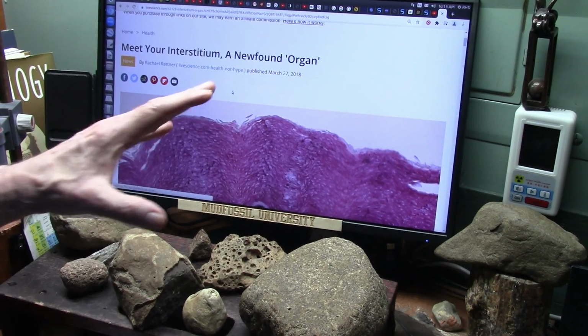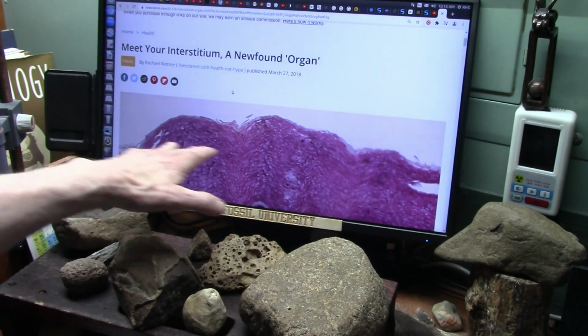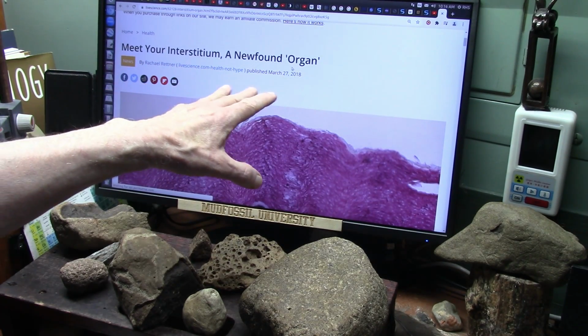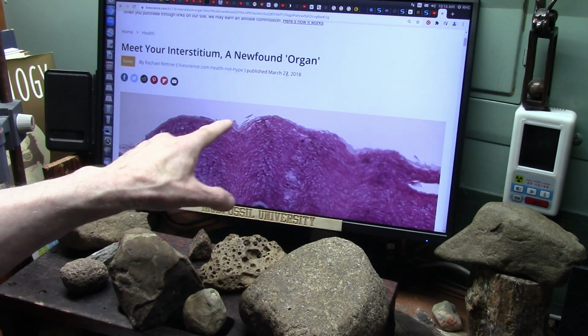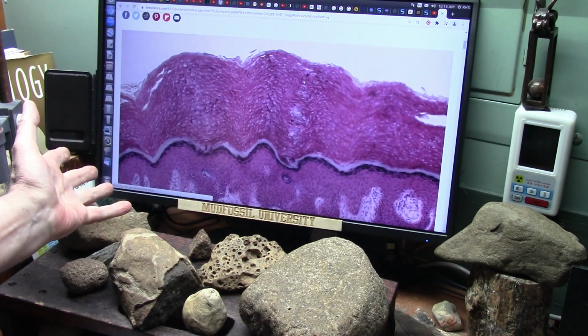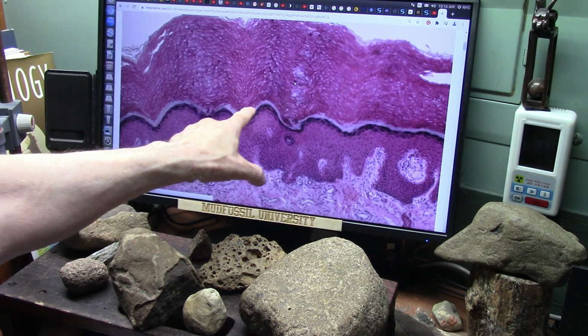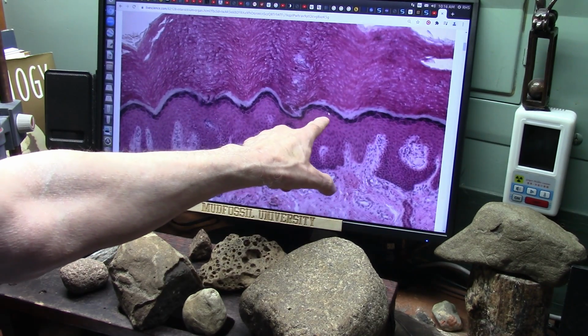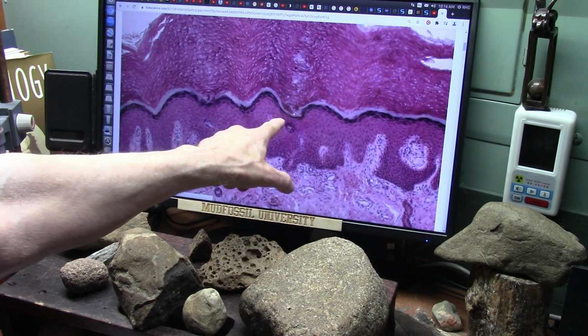All right, I showed you where the gold and all that stuff collects in that membrane. I showed you the membranes. Meet your interstitium, a newfound organ. This is in 2018. They published this paper. And this is the layer we're talking about right here. This is the layer that has the immune cells and the fluid-filled highway.